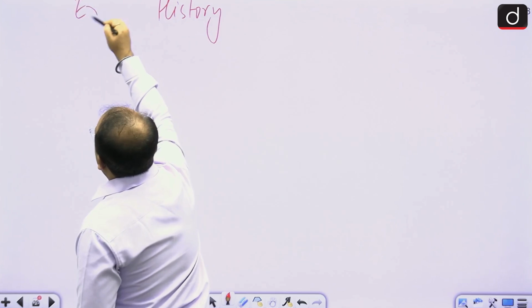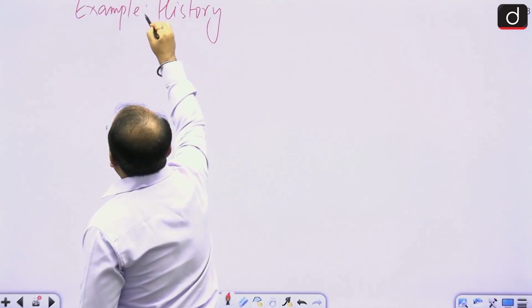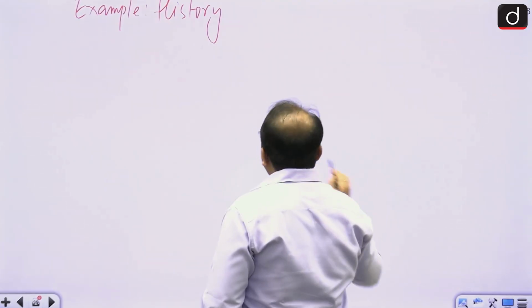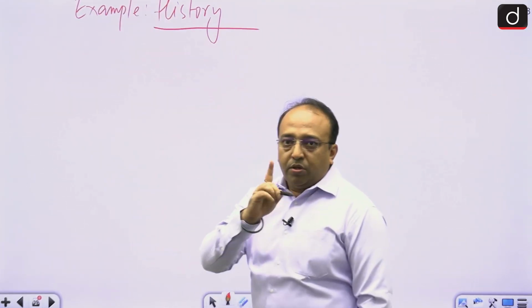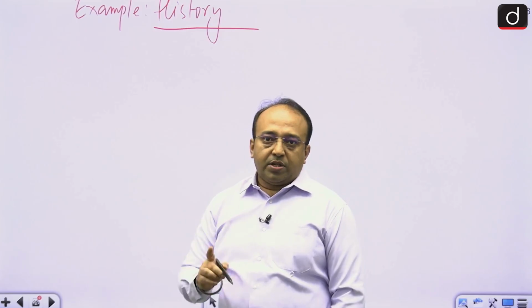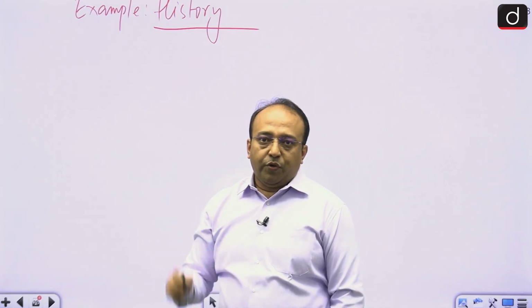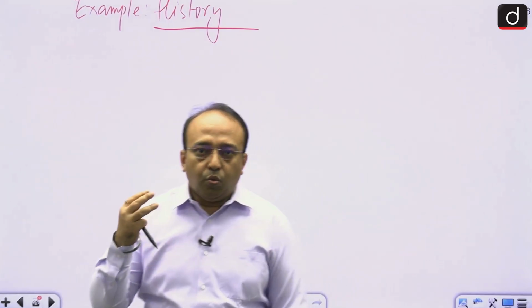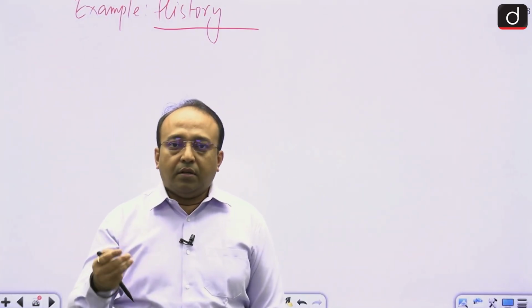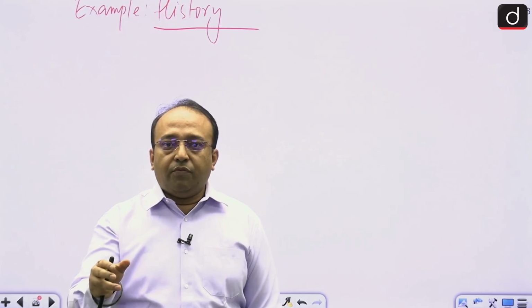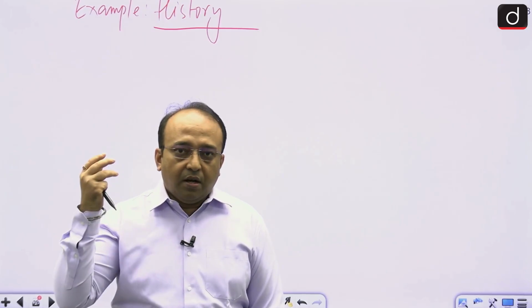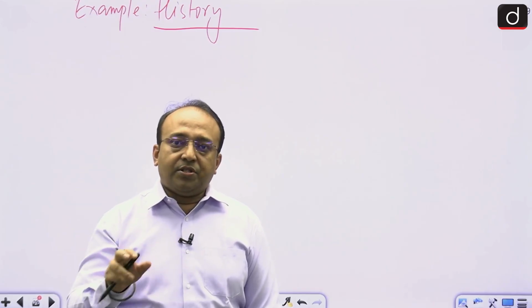See, I am giving an example of how the classes are going to help you a lot, because this you can't learn without the teachings of your faculty here in Drishti IAS.